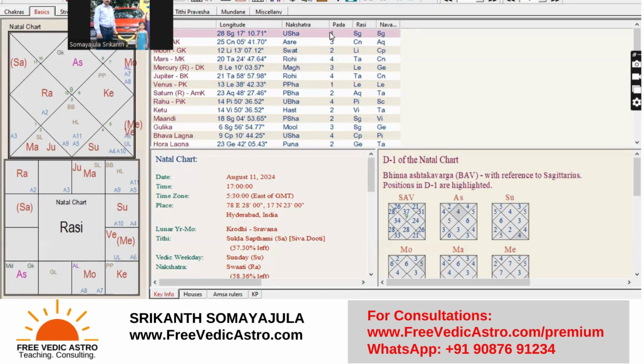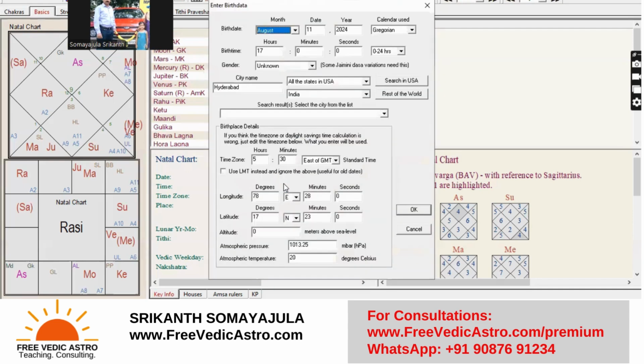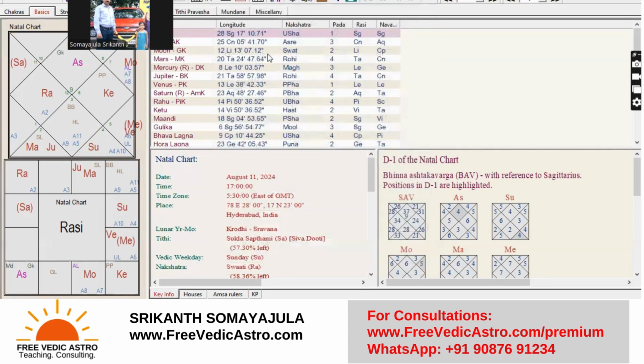The first pada of Uttarashadha, you have the Lagna. This is at 17. This is just a random thing. This is today's date, August 11, 2024. 17 is the time I just took randomly. So if I move this 10 minutes before, like if I move it to 1650, what happens is this moves into Purvashada 4.